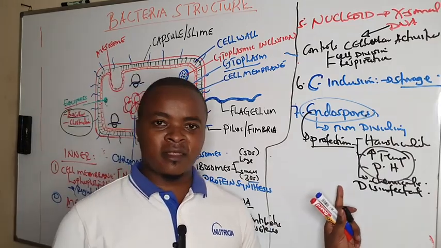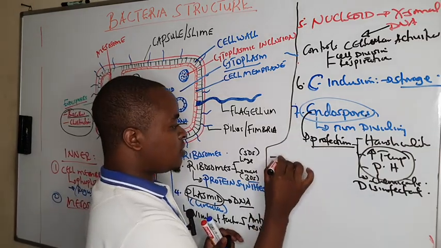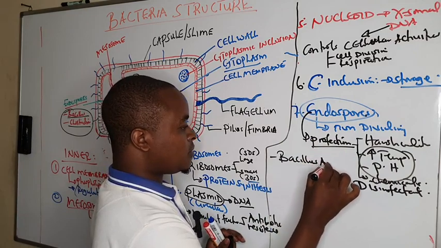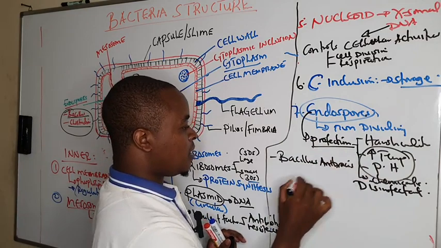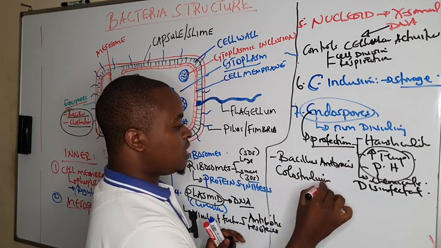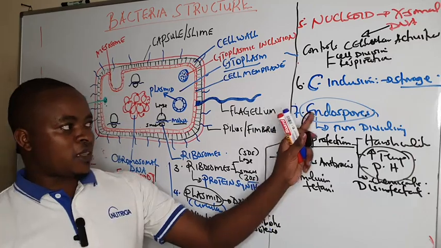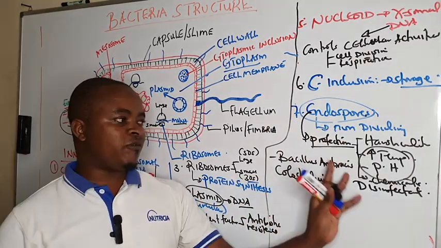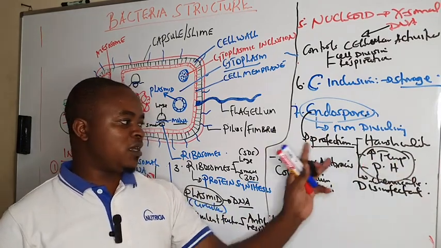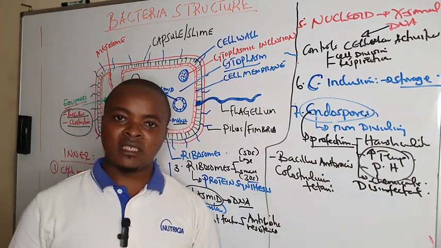Bacillus anthracis and Clostridium tetani, and other Clostridium species, possess these endospores that enable them to survive in harsh environments like high temperature environments. Meaning they make them thermophiles, and also resistant against disinfectants.